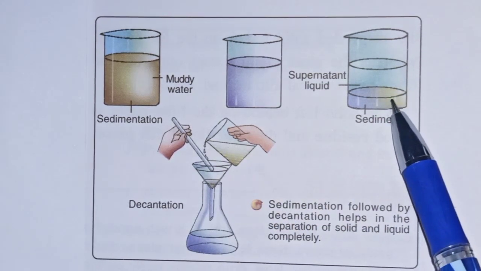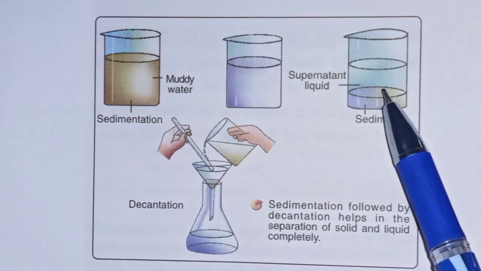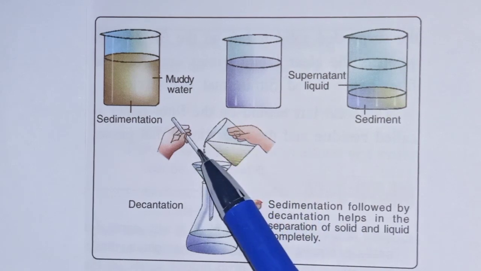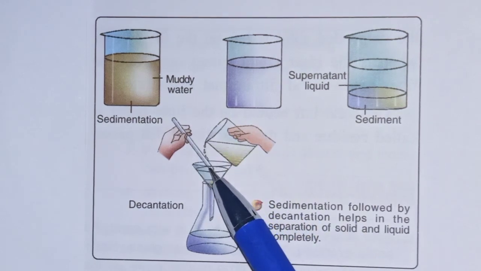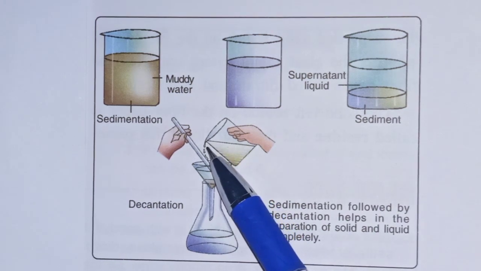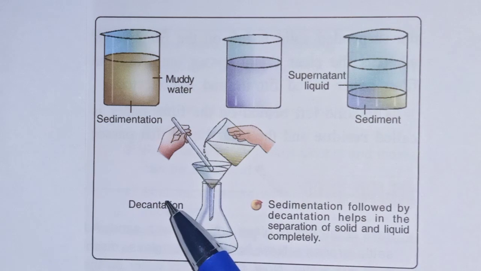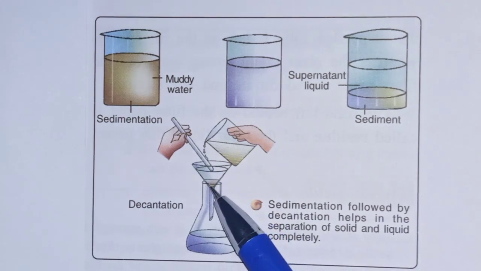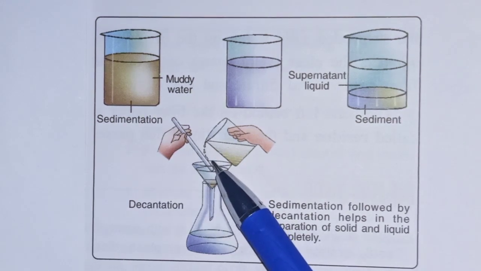We will take this beaker and, without disturbing it, pour the top layer through a glass rod, and it will be separated like this. We pour very slowly, only the water. This process of pouring only the water is called decantation. Here the funnel is present, and in that funnel a filter paper is there. This process is called filtration.